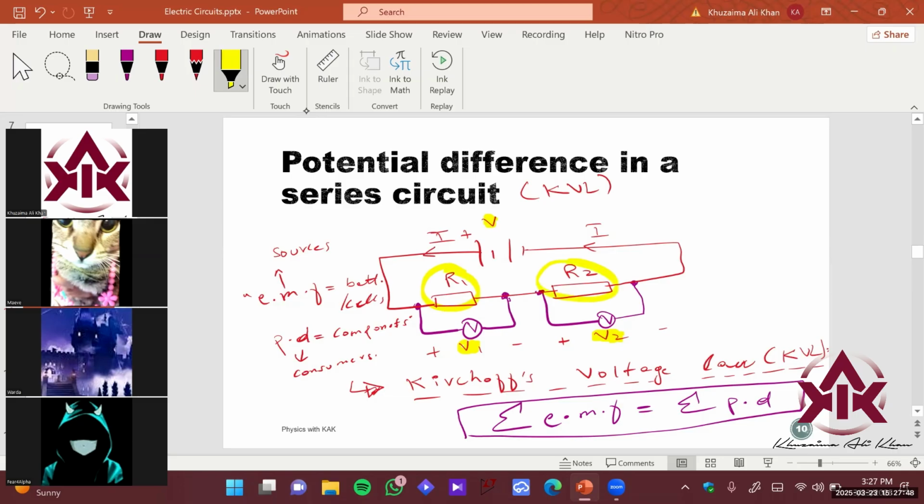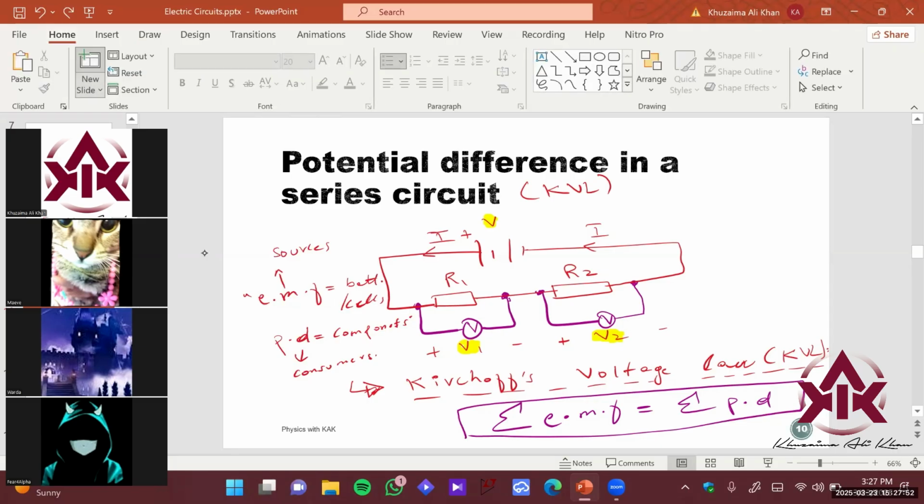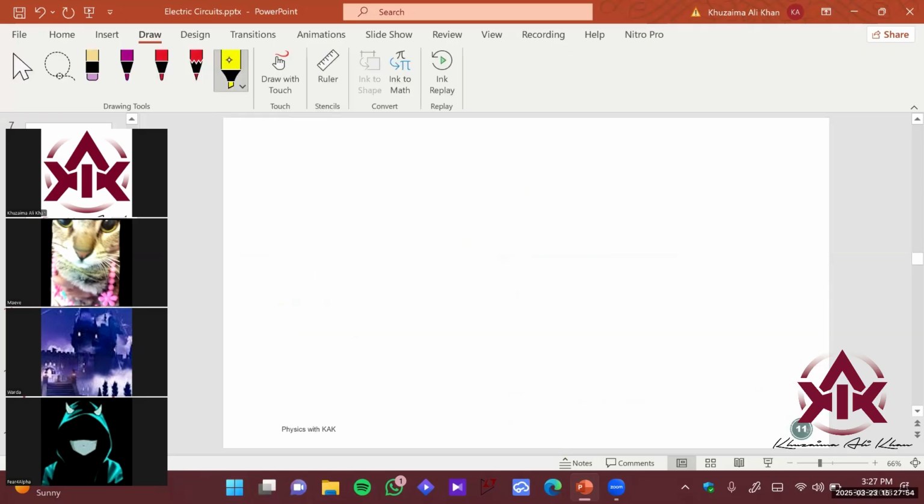Therefore, we have this relation: the sum of EMF, that is, if you add all the voltages of the batteries, will be equal to the sum of potential differences, the sum of all the drops across the circuit components. And this says that V equals V1 plus V2.